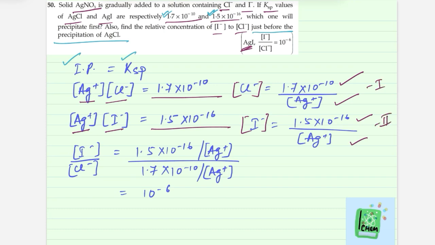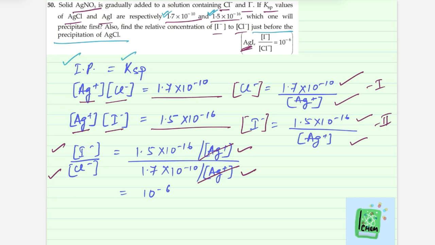Now dividing equation 2 by equation 1, on the right hand side you get 1.5 into 10 to the power minus 16 divided by concentration of silver ion divided by 1.7 into 10 to the power minus 10 divided by concentration of silver ion. Concentration of silver ion is cancelled and we get the ratio of the concentration of iodide ion to chloride ion.